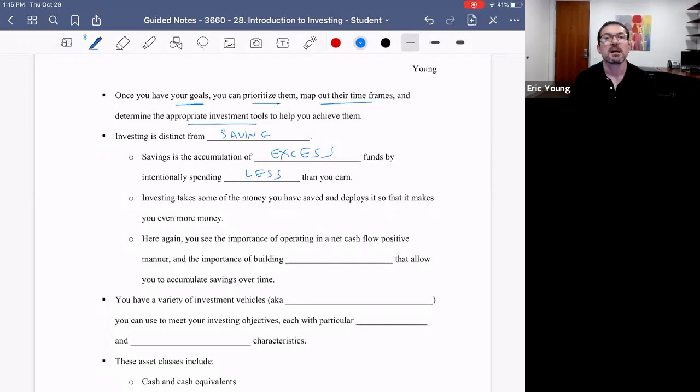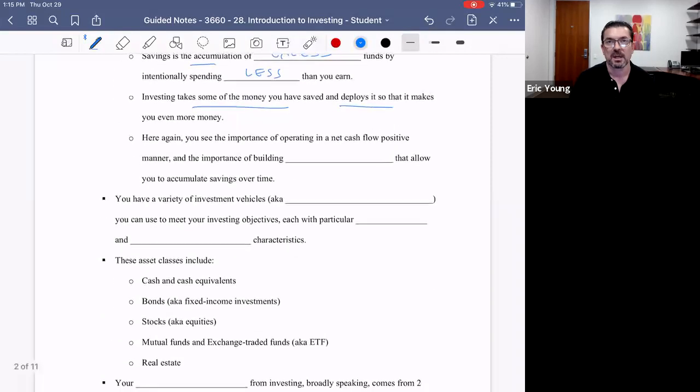So saving is making appropriate and informed budget decisions to spend less than you earn to accumulate excess funds. Investing takes some of those excess funds and deploys it so that you can make more money, okay? So you need savings to do investing.